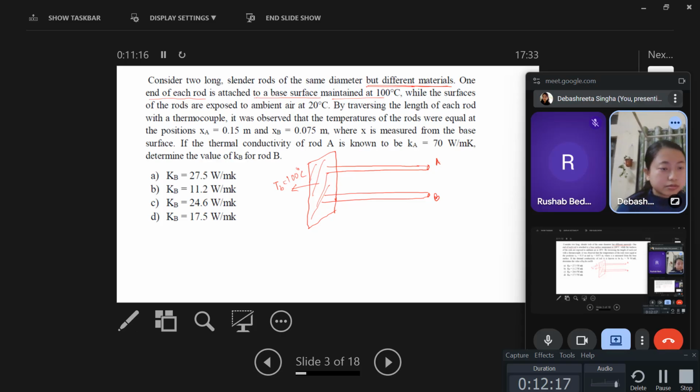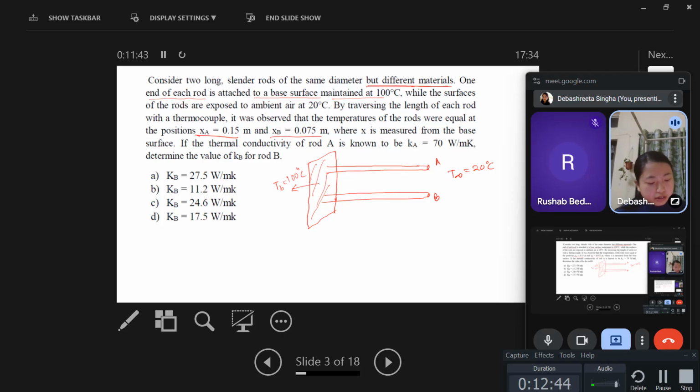That means T infinity is equal to 20 degrees Celsius. By traversing the length of each rod with a thermocouple, it was observed that the temperatures of the rods were equal at positions xa equal to 0.15 and xb equal to 0.075 meter.